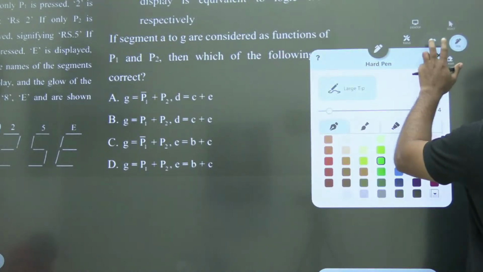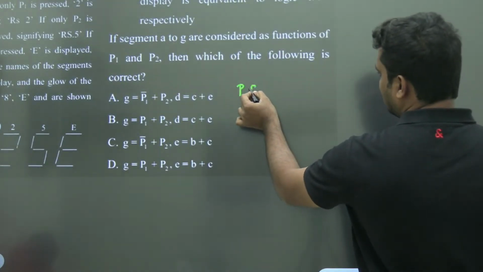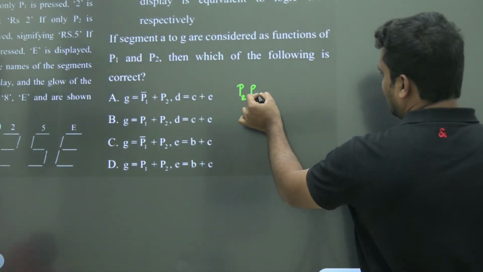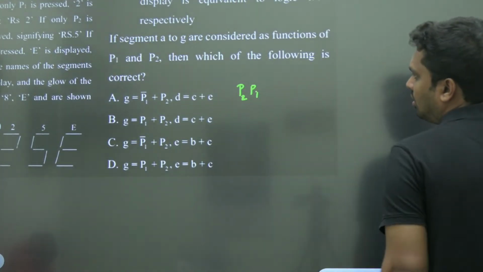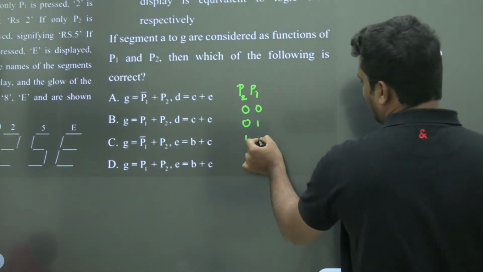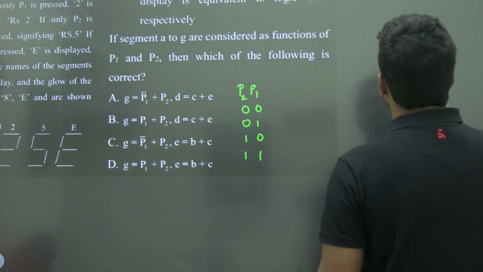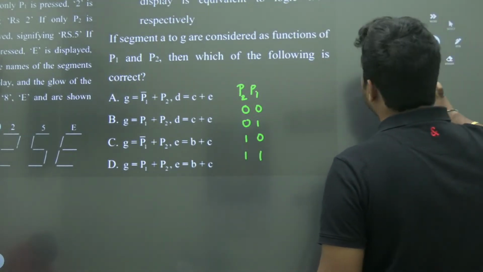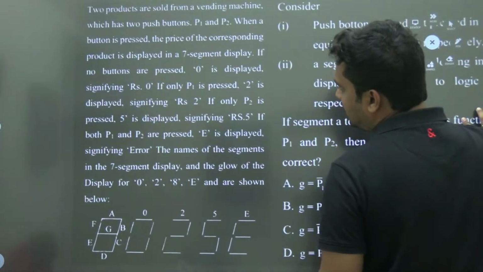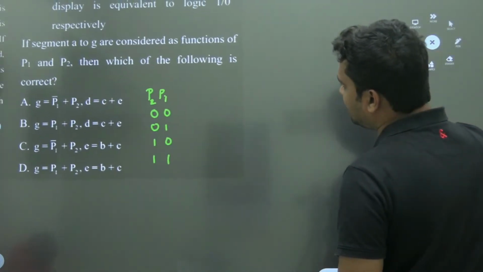So let's try P1, P2. Nothing is selected, only P1 selected, only P2 selected, both are selected. You can see if P1 is pressed it is 2, if P2 is pressed it is 5.